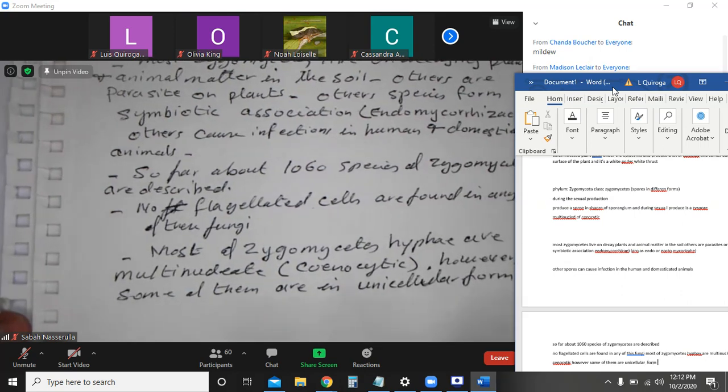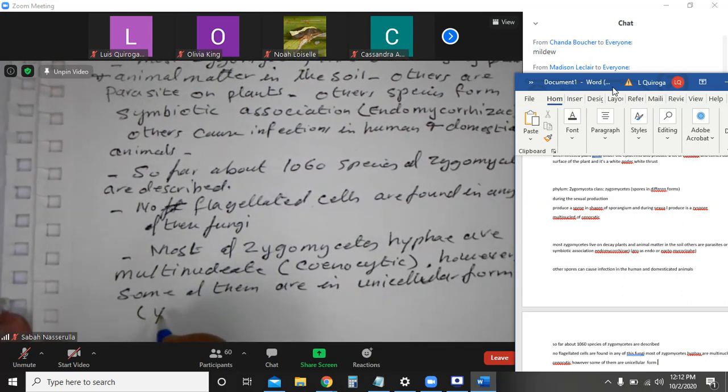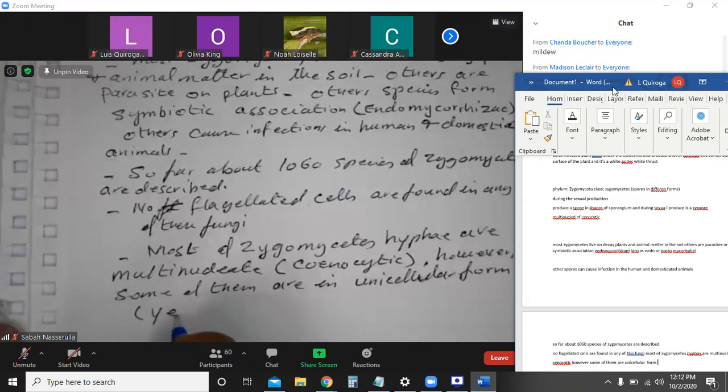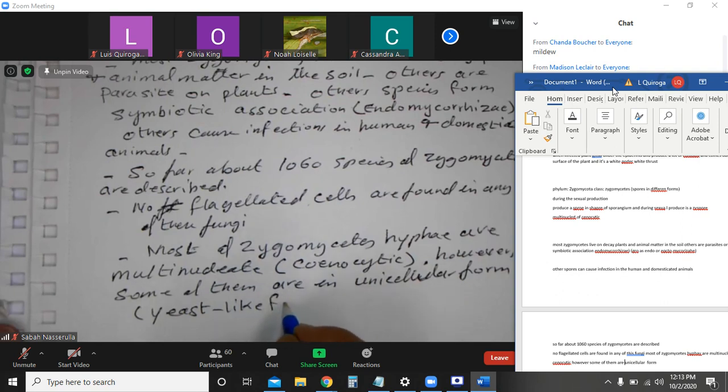In that case, if it's unicellular, we call them yeast-like forms.